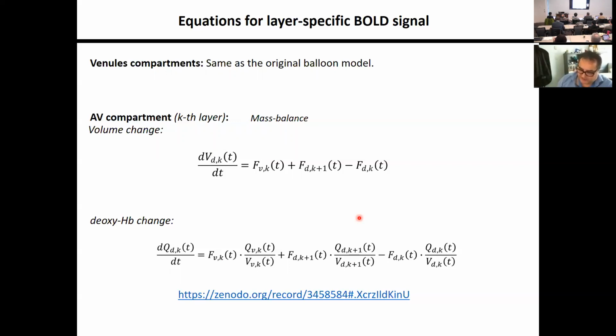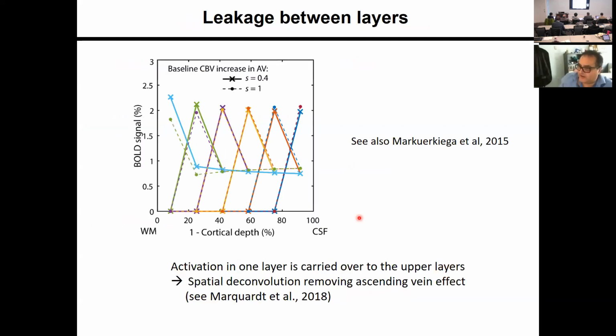Obviously, we took inspiration from measured values, and we give justification for the values we have taken in the paper. We also evaluate what happens if we change the baseline blood volume distribution. For example, here you see two different curves, the dotted ones and the solid ones.